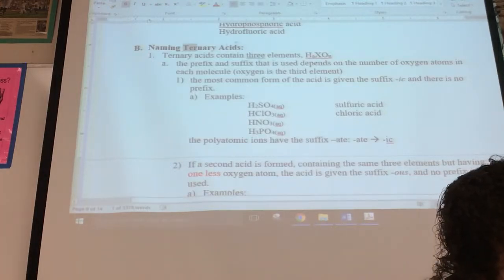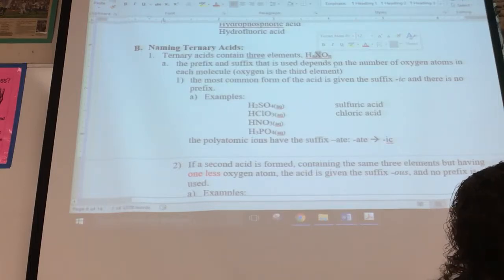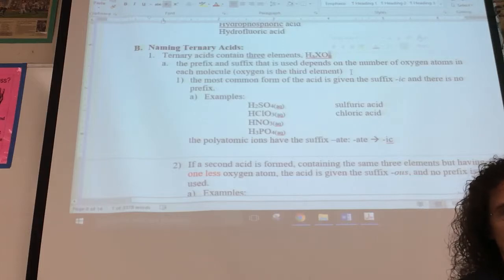So with the ternary acids, they contain 3 elements. You're going to have H. This subscript of A is dictated by the charge from the polyatomic anion. X, this can typically be a nonmetal, but it also can be a metal. Definitely oxygen, and N is the number of oxygens you have.